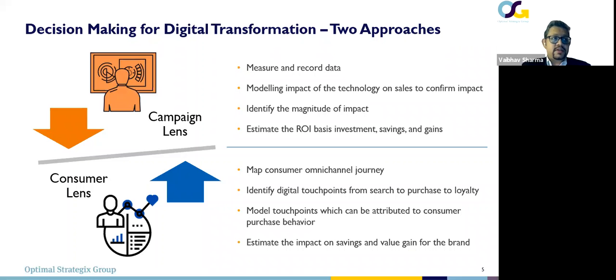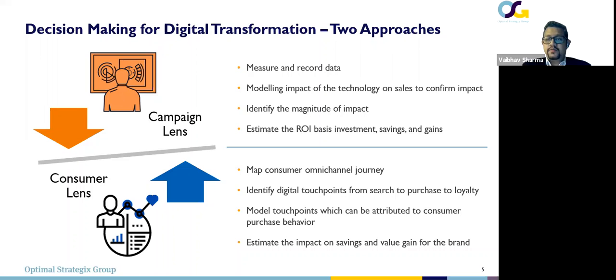Whereas if you're someone who's literally starting that journey, where you're still figuring out where to invest and where you can get the most out of your investment dollar, then what we recommend as a second approach is more of a consumer lens. Consumer lens largely looks at where consumers are spending time. What are those key digital channels and touch points which influence their behavior, in terms of purchase behavior, preference behavior or customer experience?